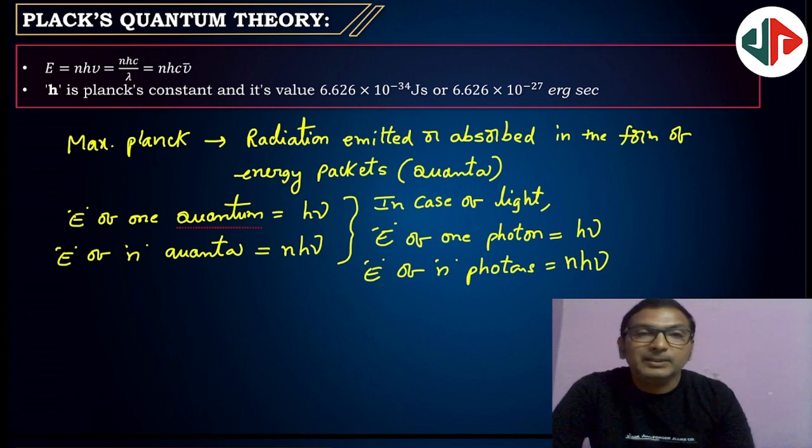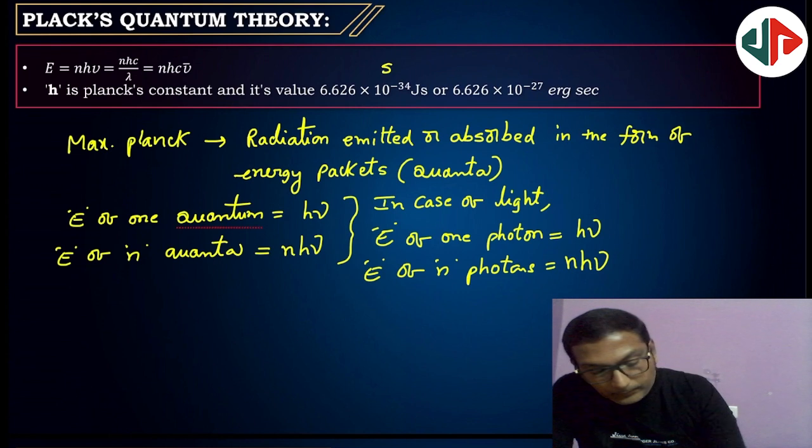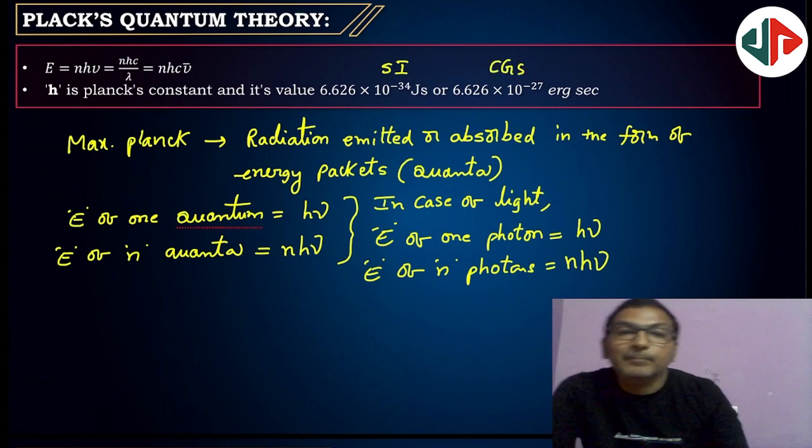Expression will be same. So E is energy of incident radiation or emitted radiation. Next, h is Planck's constant. Value is 6.625 or 6.626 into 10 power minus 34 joule into second, SI unit. 6.626 into 10 power minus 27 erg into second, CGS unit.